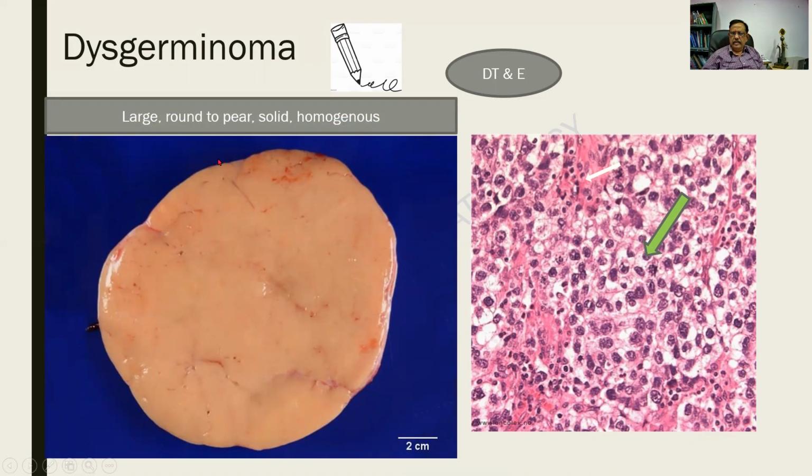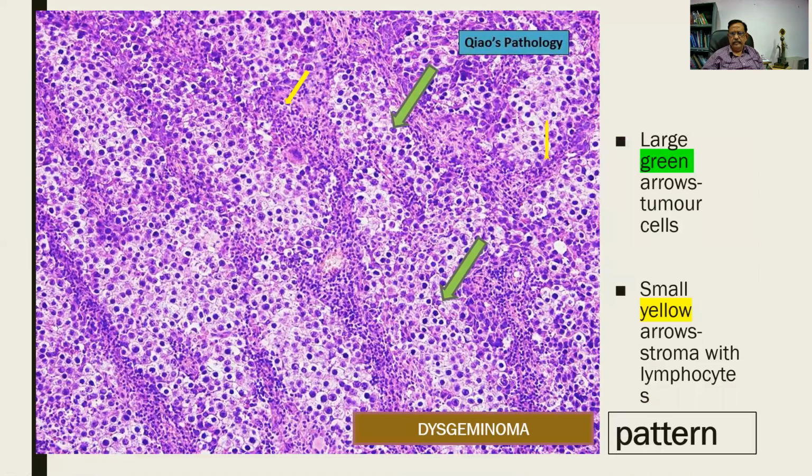It is large, round, pear-shaped, solid, homogeneous, no hemorrhage necrosis. The large green arrows point to the tumor cells, whereas the small yellow ones are the stroma with lymphocytes.